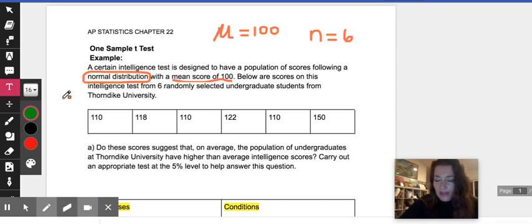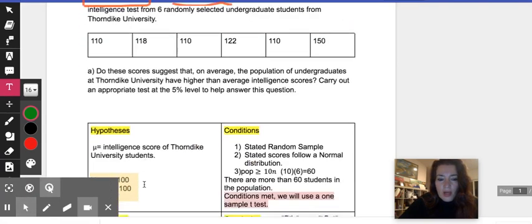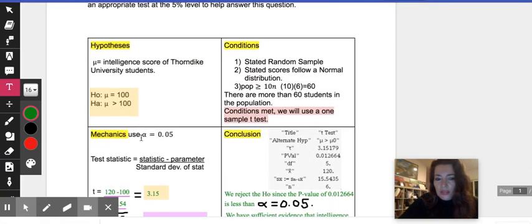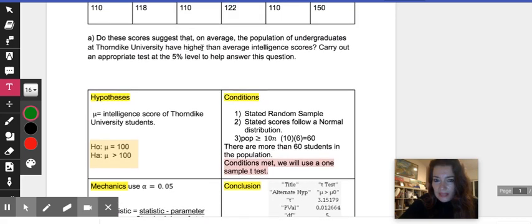So let's go ahead first and state a hypothesis. Our null hypothesis is that the mean is equal to 100, that's mu. And our alternative, in the question, the question asks, does the population of undergraduates of Thorndike University have a higher than average intelligence score?